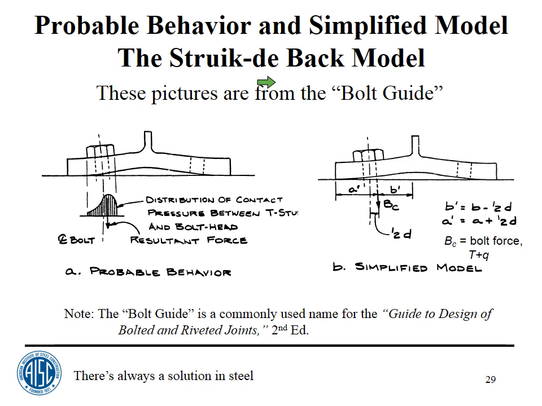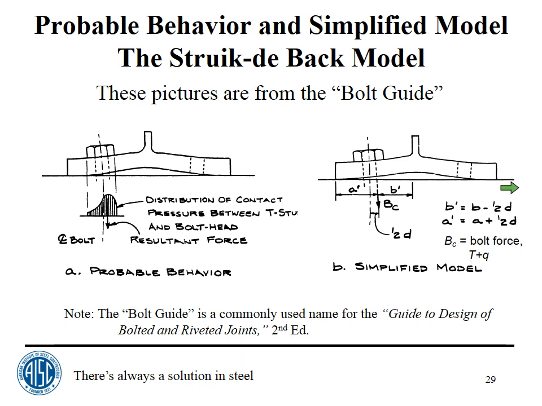The pictures shown here are from the bolt guide. Basically what they found was that the bolt force really doesn't exist at the center of the bolt. It kind of migrates from the center of the bolt to the inside edge of the bolt. And that's picked up in the simplified model that's due to Struik and de Bach by saying that the actual bolt force, the B sub C, which is the bolt force T plus Q, acts at the inner edge of the bolt.